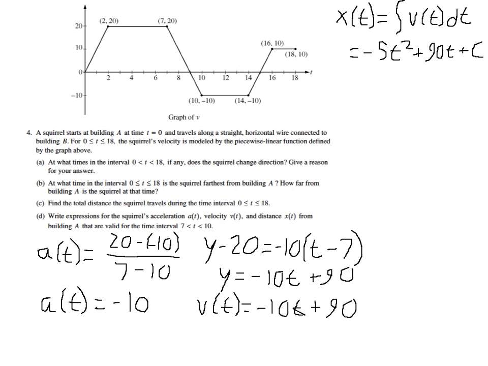I don't want to leave a plus c in my final equation though, so I need to know a point. I have to know a position at a specific time so that I can plug in and solve for c.